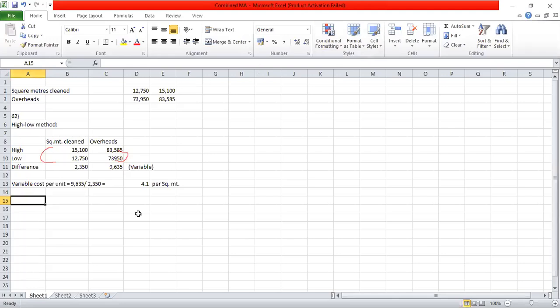So let's select 15,100 units, that's square meters. Total cost at 15,100 is 83,585. From that, less variable cost, which we got as 4.1 into 15,100.